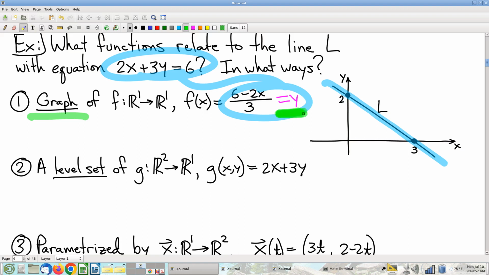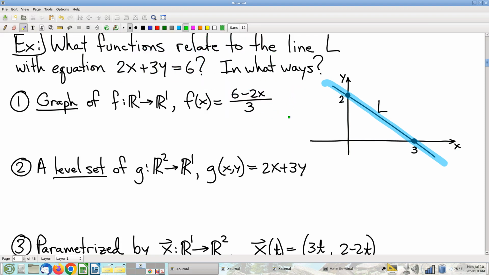Let me say that differently. What characterizes this as a graph is that I've solved for one of the variables. I've solved for y. So really that's all you have to do to identify what function you're looking at a graph of: just solve for y. It's a nice way to think about that process.